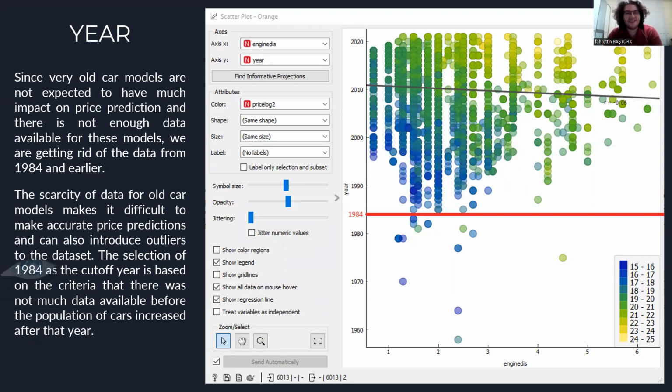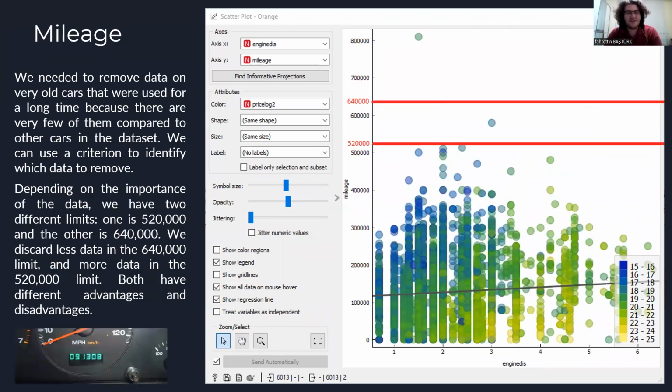Other slide. Okay, about the mileage, we just think that we need to remove some data from mileage. We thought there are some outliers. We thought that we have two chances to deal with that.